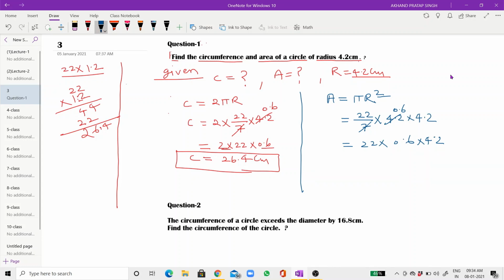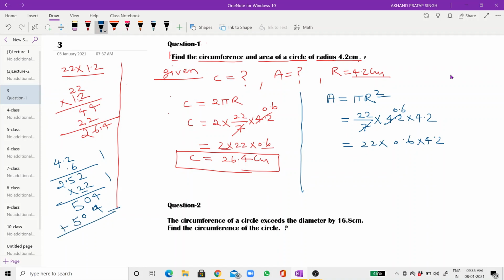So take a rough work. 4.2 into 0.6, which is 2.52, and you again multiply by 22.